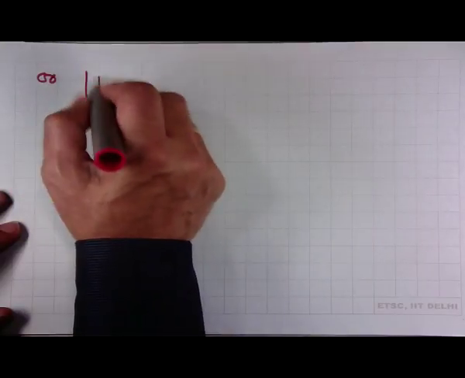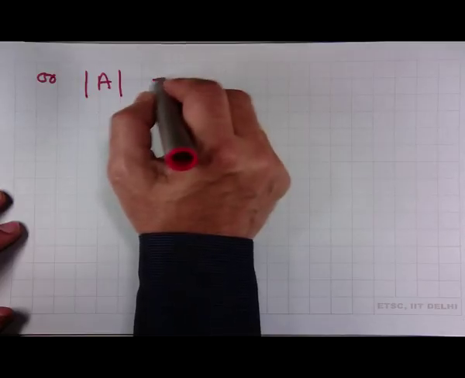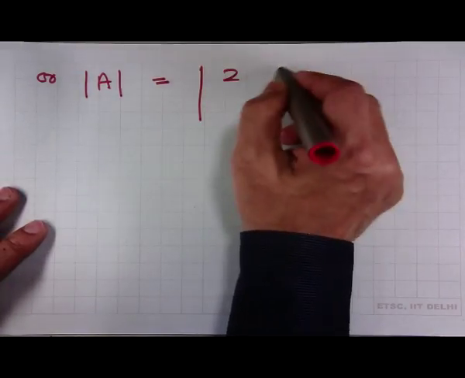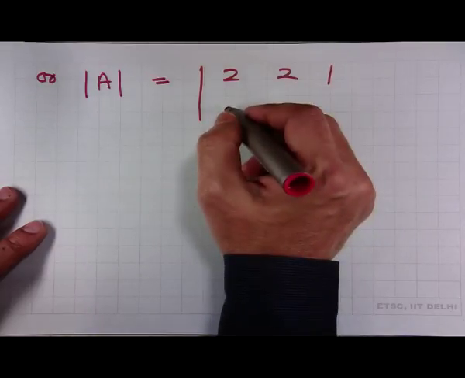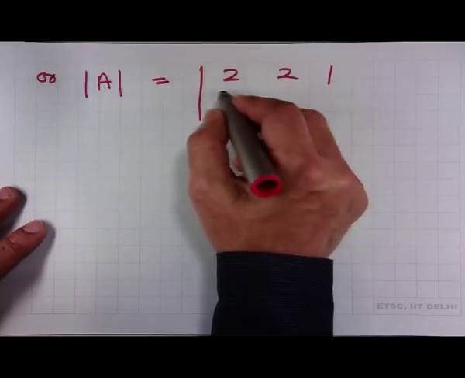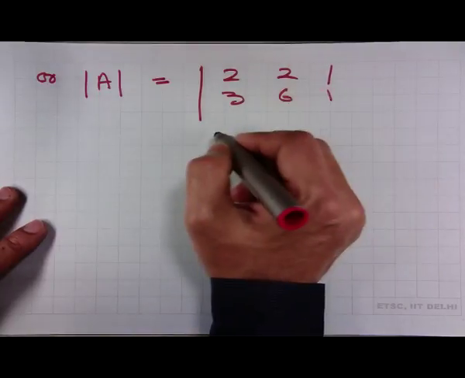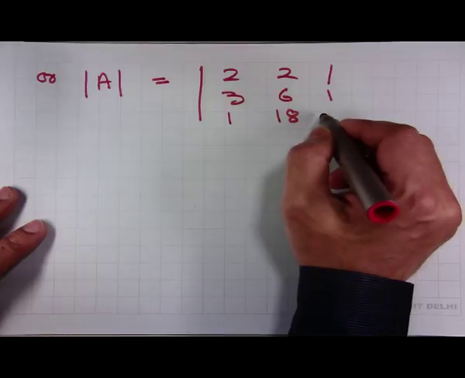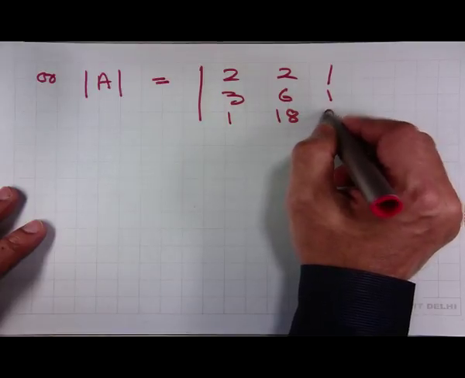Or determinant of A is equal to the determinant of 2, 2, 1; 3, 6, 1; 1, 18, 0.